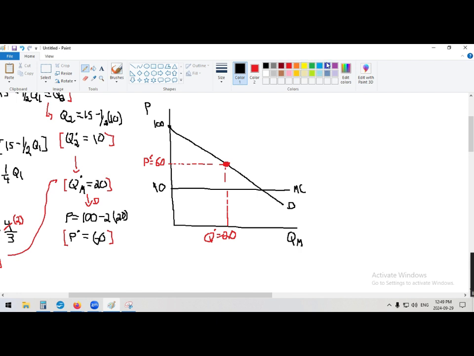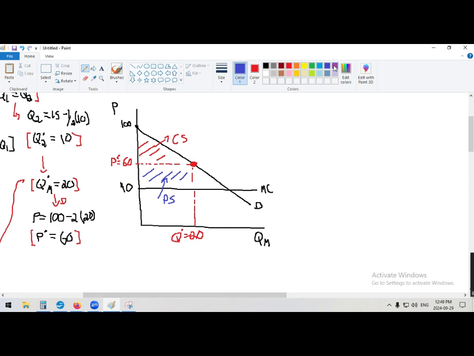And then once we have that, we can figure out your producer surplus and consumer surplus. You can see, okay, the consumer is up here. This is going to be your consumer surplus. Down in here, we have your producer surplus. And then over here, in this triangle here, we're going to have the deadweight loss.